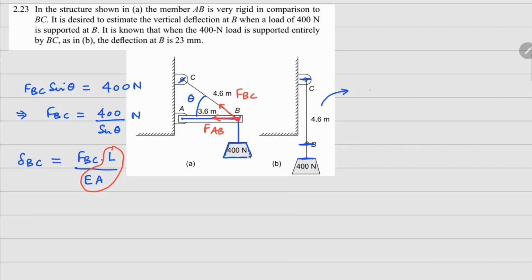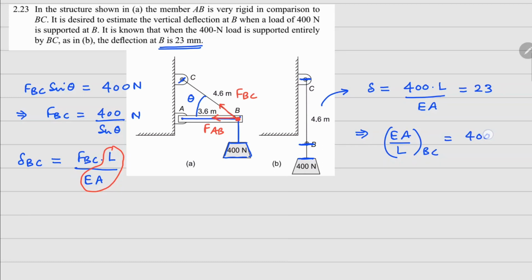If I consider this case right here, your delta is equal to 400 newtons times L over EA, which is the same for this member, and this deformation is given to you as 23 millimeters right here. So from this we can pick up that your EA over L value for member BC is 400 divided by 23 newtons per millimeter.